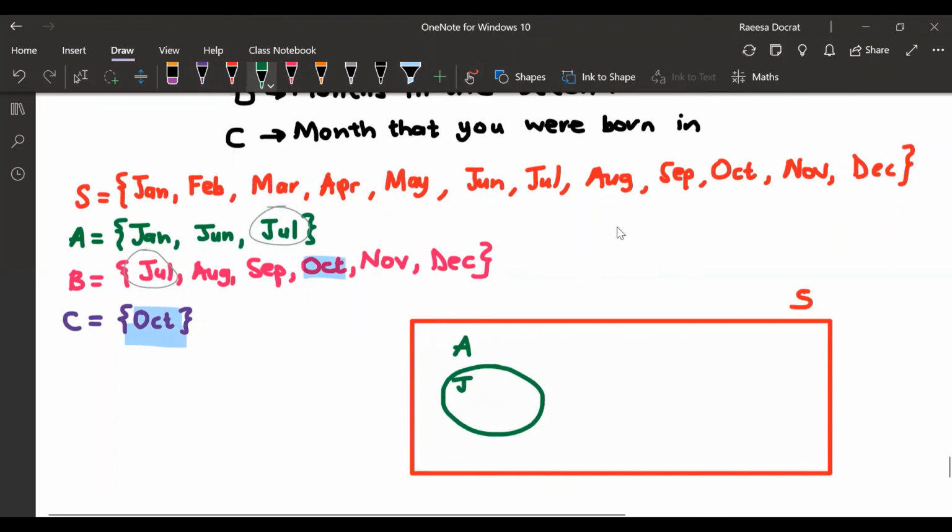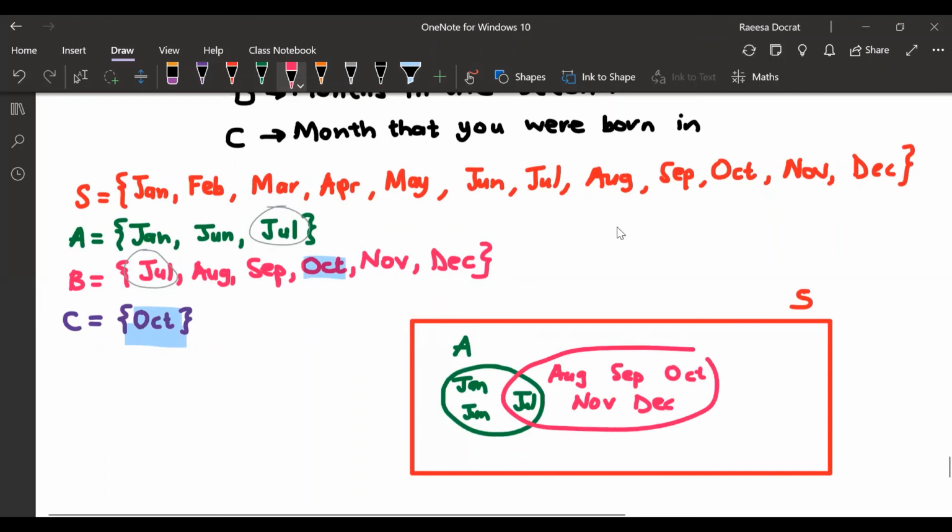January and June are months that are separate, and then we have July. Then B are our months in the second half, so it's July, August, September, October, November, December.